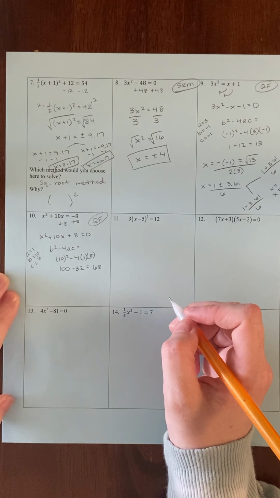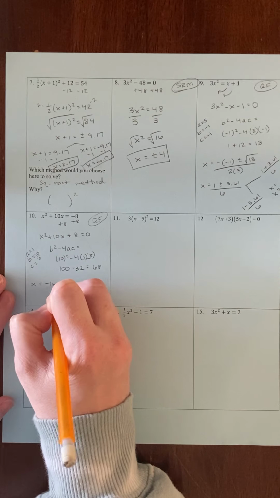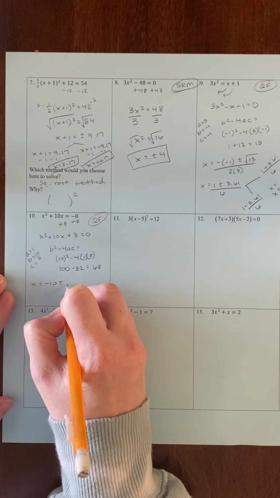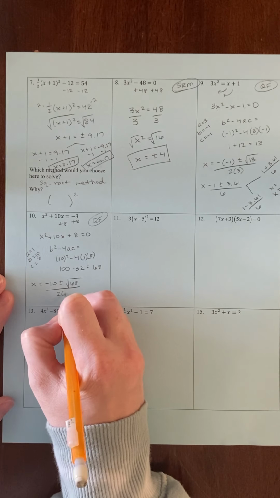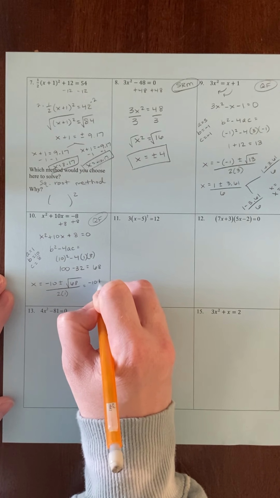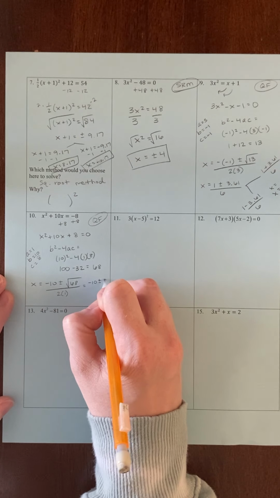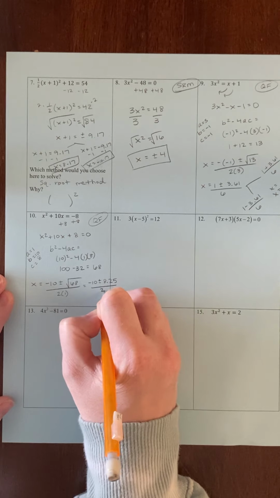So I'm going to finish my quadratic formula. X is equal to negative B, which is negative 10, plus or minus the square root of 68, all over 2A, which is 1. So this is negative 10 plus or minus 8.25, all over 2.